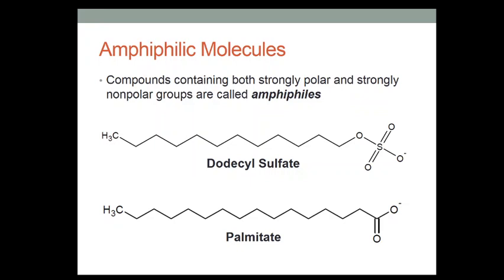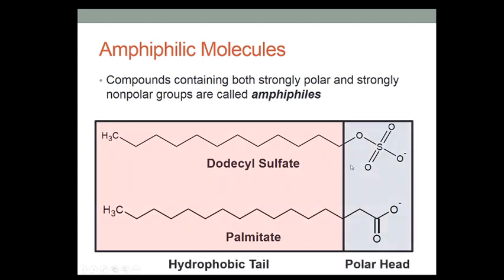Now I want to introduce you to amphiphiles. An amphipathic compound contains regions that are polar or charged, as well as separate regions that are nonpolar. If we look at the examples I'm showing you here, you will see distinct hydrophobic tails, so these are nonpolar alkyl tails, and polar head groups.